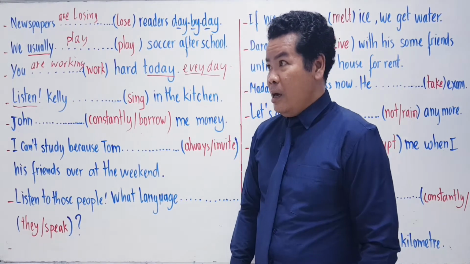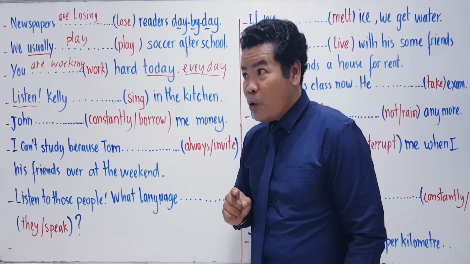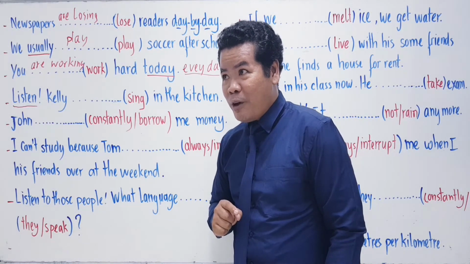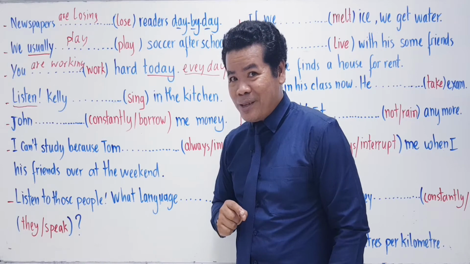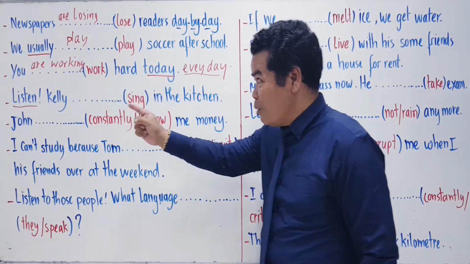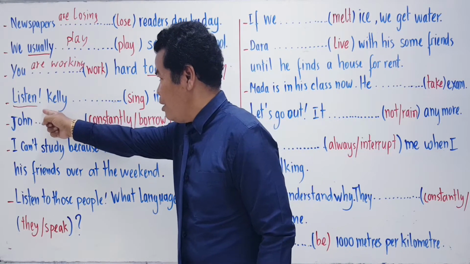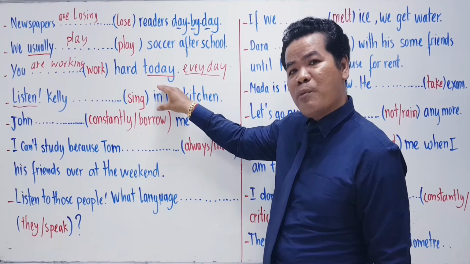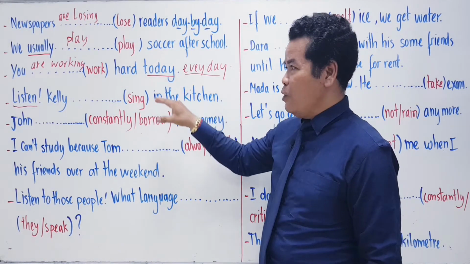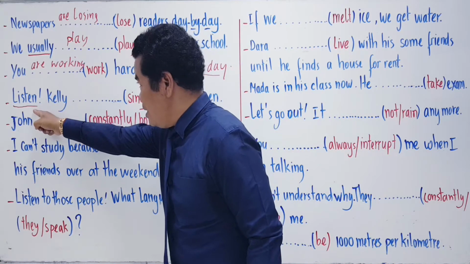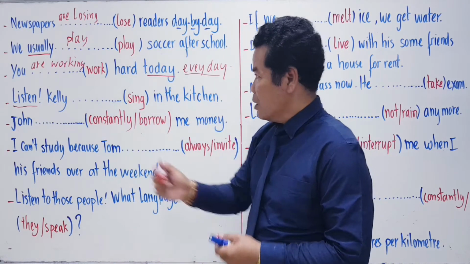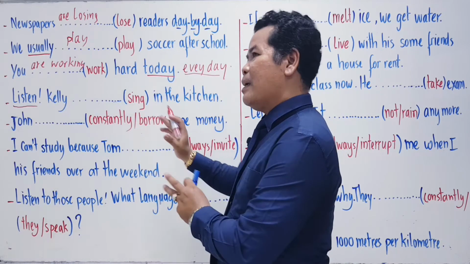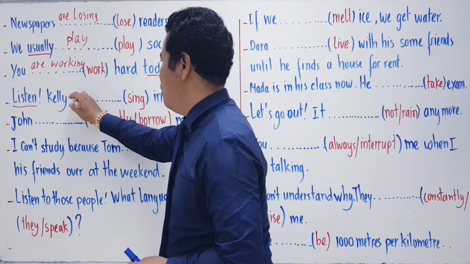Or I say, hey, listen, someone is snoring in the bathroom. Maybe your friend, maybe your brother. You understand that? So when you see the word listen in front, and then the sentence after it, it's got to be the present progressive. So what do we say? Listen, Kelly sings or Kelly is singing? Kelly is singing.